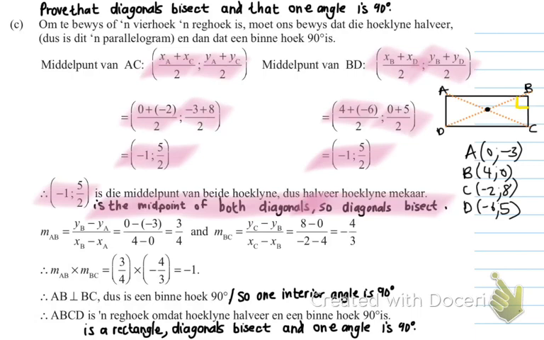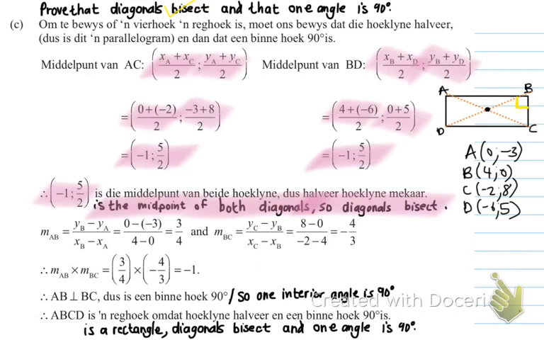So I have the first point checked, that the diagonals bisect. Okay, so at the beginning I wrote, this is what I'm going to do. I have to get that they bisect. That's checked. Now I have to prove that one angle is 90 degrees. I could have used any of the sides, but I used AB and BC to show that they are perpendicular. So I'm going to work out the gradients.